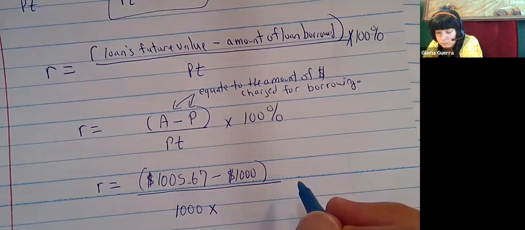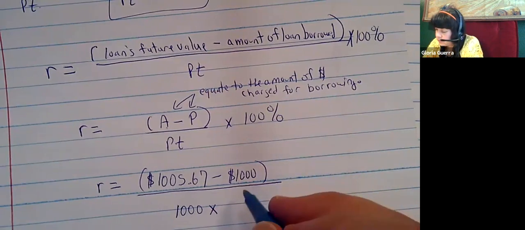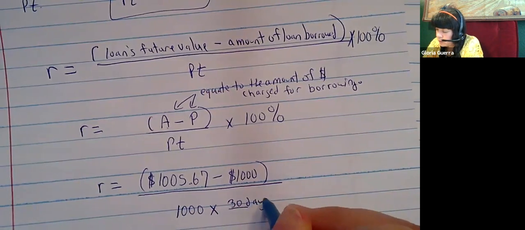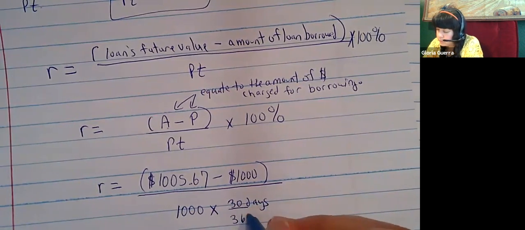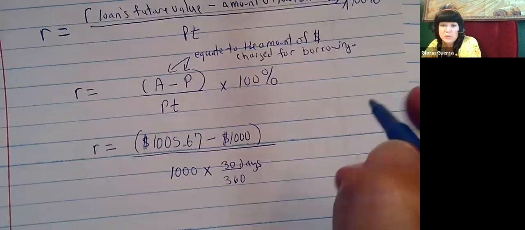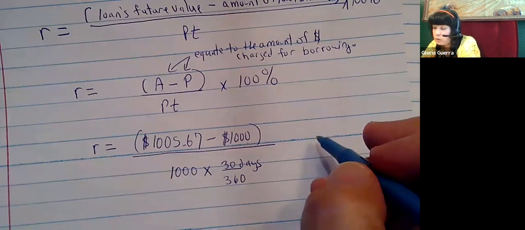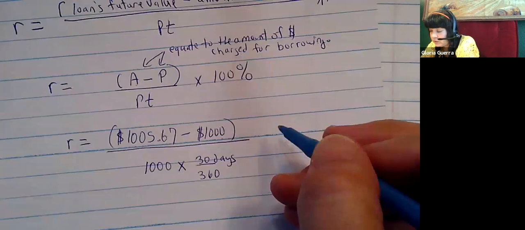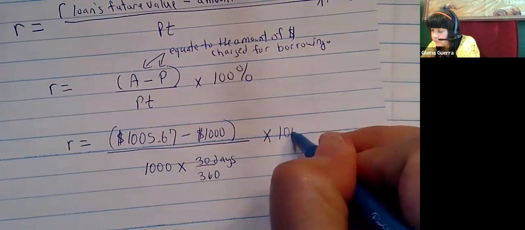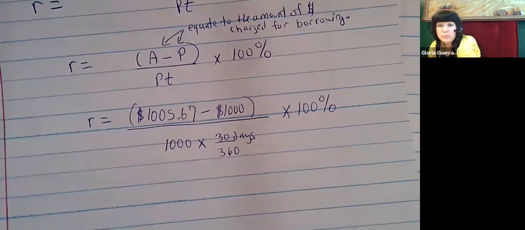It was 30 days, right? 30 days out of the 360. Yeah, 30 days out of the 360. And then that can be reduced, and in a little bit I'll reduce that just to make the number smaller. You don't have to reduce it if you want to work with that, that's fine, but I'm going to reduce it to make it smaller, and then times 100%.